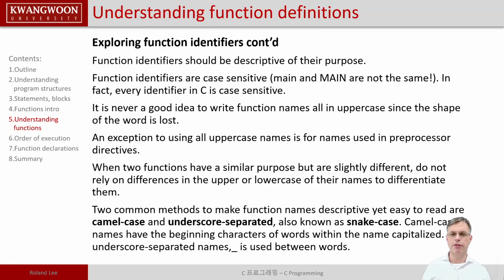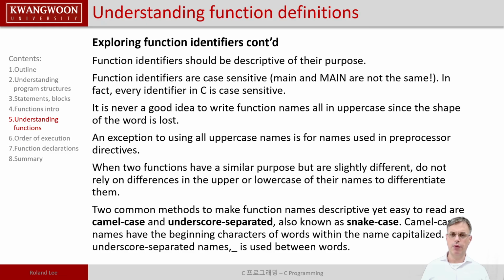Function identifiers should be descriptive of their purpose. You would expect a function named print greeting to print a greeting. Well, we already talked about that. Function identifiers are case sensitive. This means that lowercase main, uppercase main, and sentence case main are different function names.